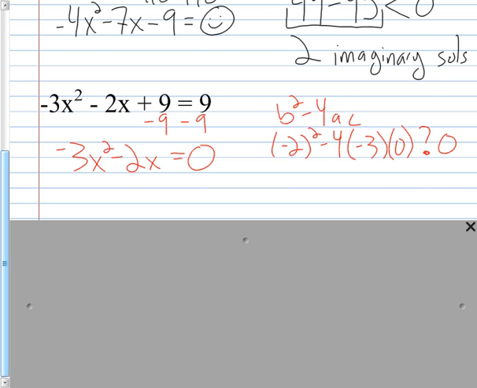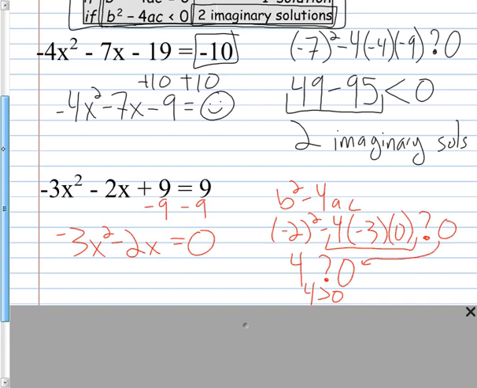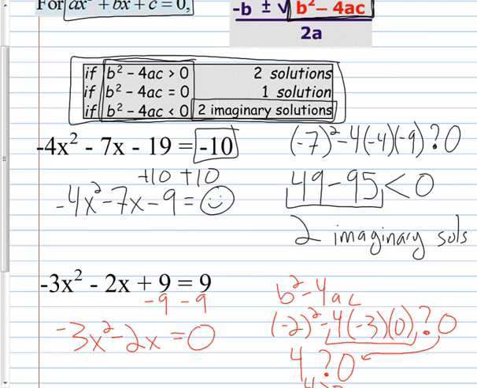Comparing that to 0. Well, -2 squared is 4, and all of this stuff, since it's times 0, is 0. So how does 4 compare to 0? Well, 4 is greater than 0. So since the discriminant is greater than 0, that means that there are 2 real solutions.